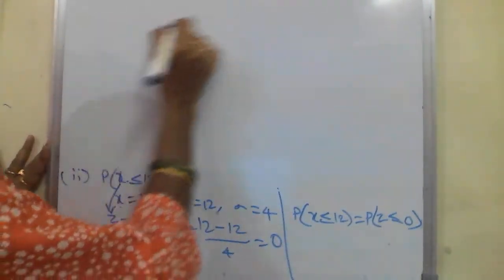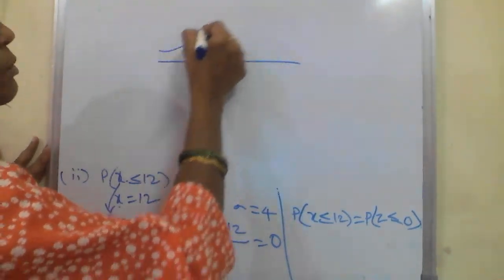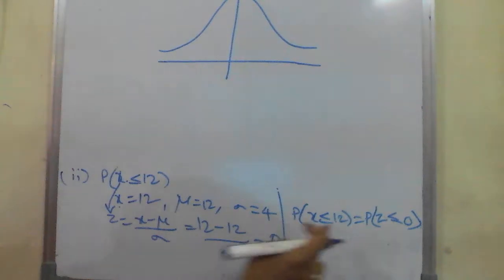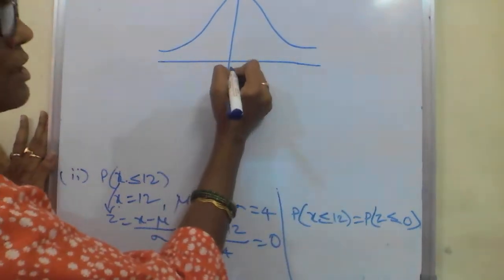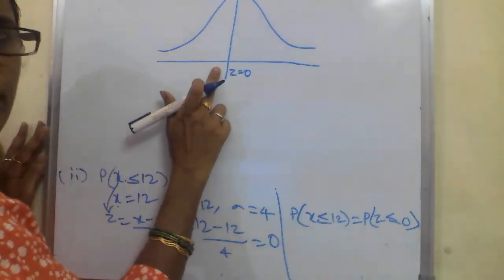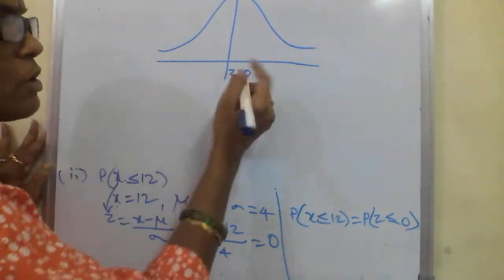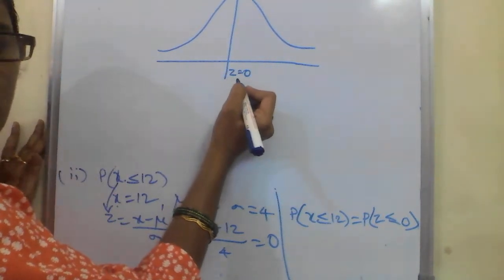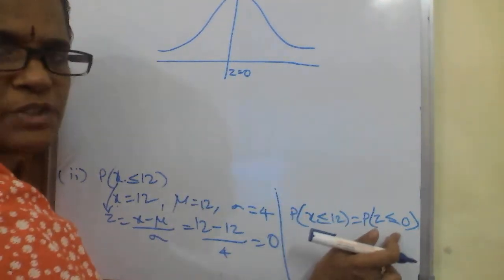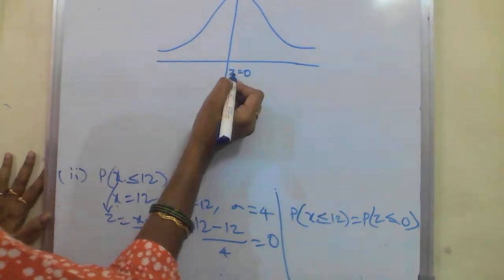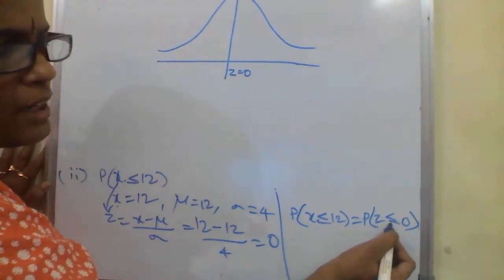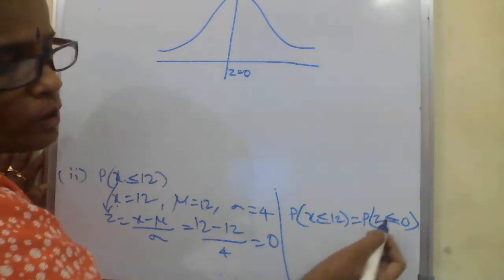So it is compulsory to draw the normal distribution curve and write the probability that you require. This value of Z will be 0. In terms of X, it is the mu value. We represent it in terms of Z because my problem is now in terms of Z. I have converted X in terms of Z. So Z equal to 0, and what is the probability I want? It is the value of Z less than or equal to 0.